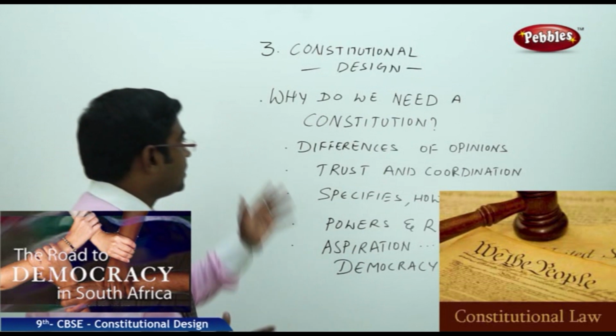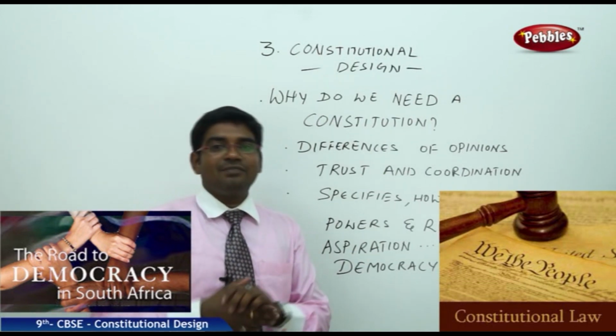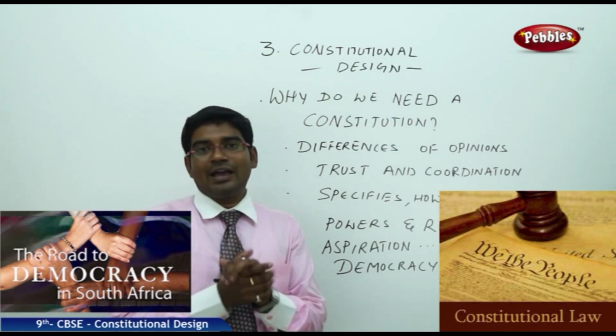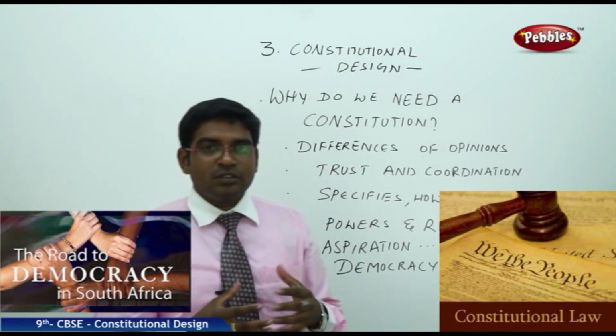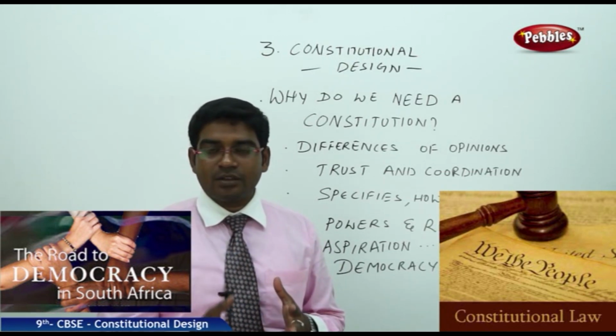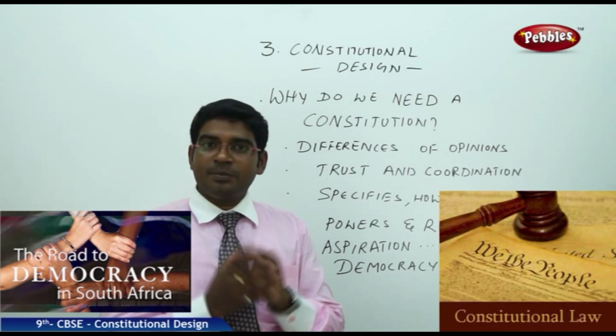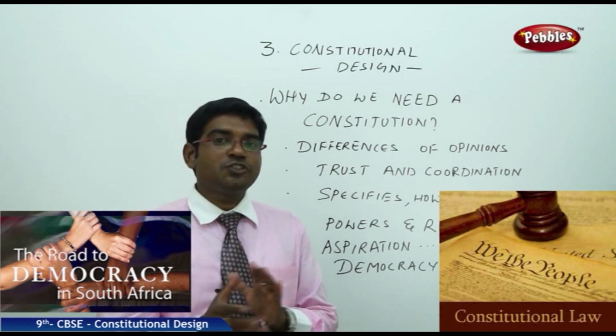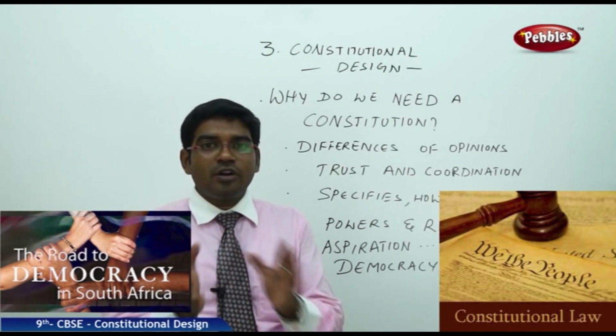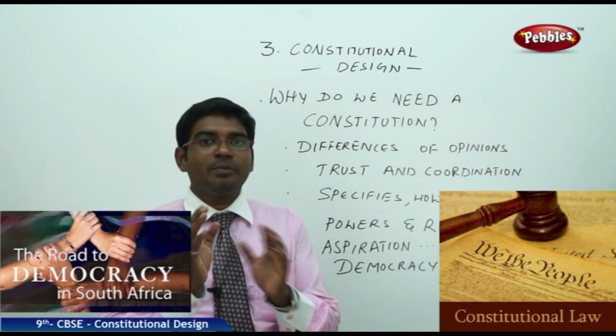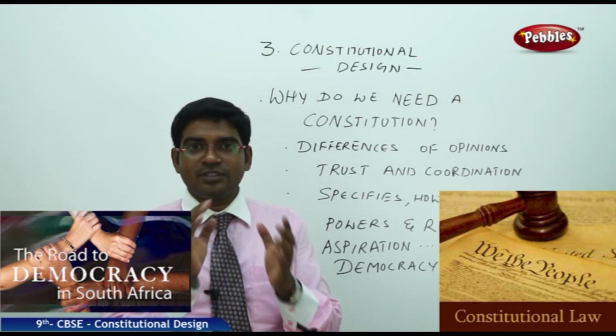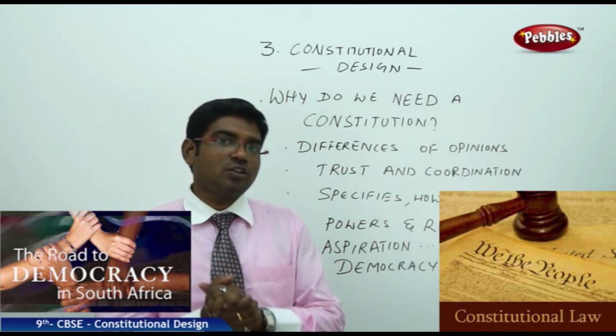Now, why do we need a constitution? We have discussed that in order for the people to have their own safety, we shall set the rules of the game beforehand, and also make sure that we do not disobey the rules. That's what we have seen in the introduction of why we need a constitution.